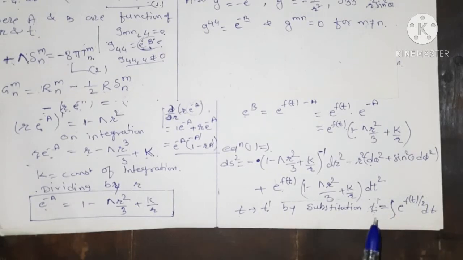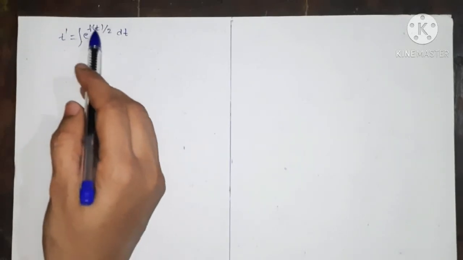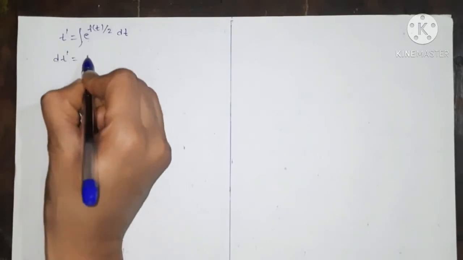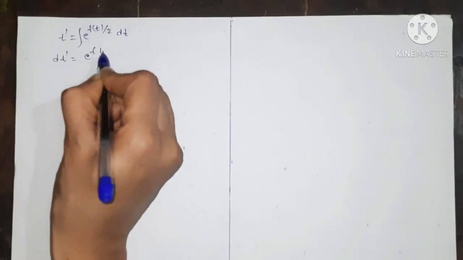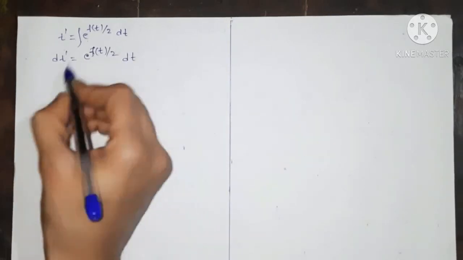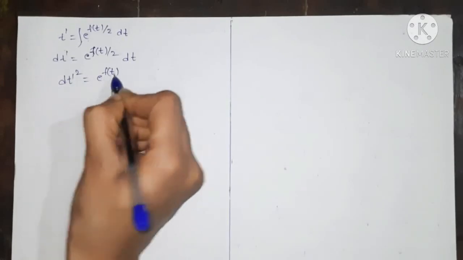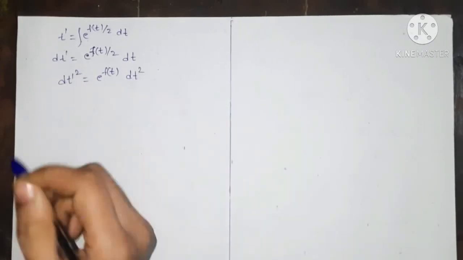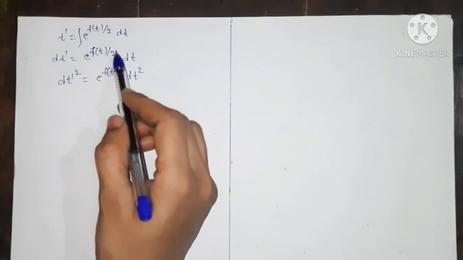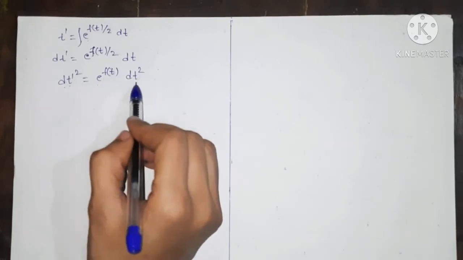Now we take the derivative of that. dt dash is equal to e to the power f of t upon 2 into dt. So dt dash square equals e to the power f of t into dt square, as taking the square of f of t upon 2 cancels the 2 by the power.